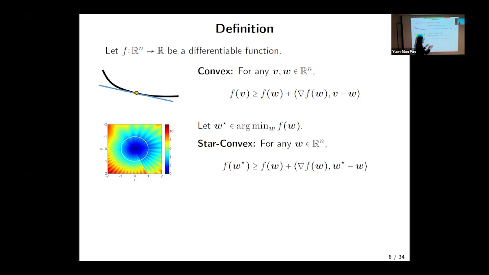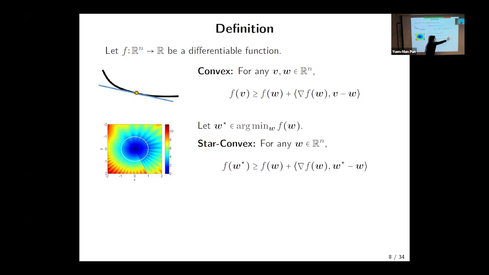So this is a relaxed version of convexity, because we only have this with respect to a minimizer. And you see that for a star convex function, every sub-level set can be star convex instead of a convex set. So we see that here, this is the minimizer, so this is smaller than f of w, right?